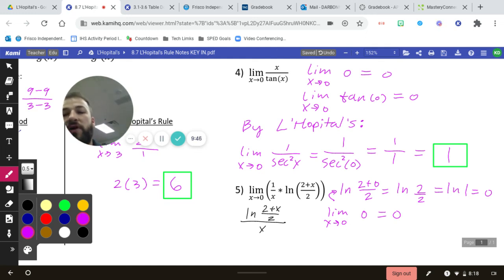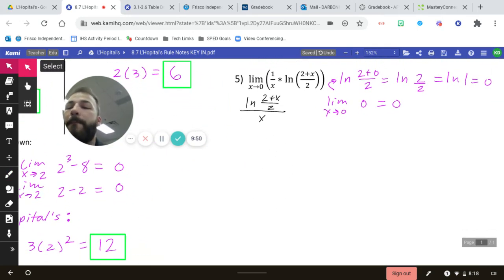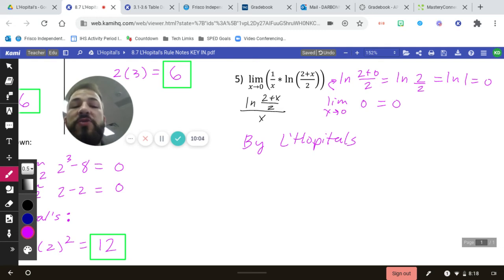Okay. So for our final little piece, by L'Hopital's, this is probably a little bit more complicated derivative than the other ones, but not bad. The derivative of natural log is u prime over u. So u is 2 plus x over 2, and that's going to be up here in the top of our fraction.